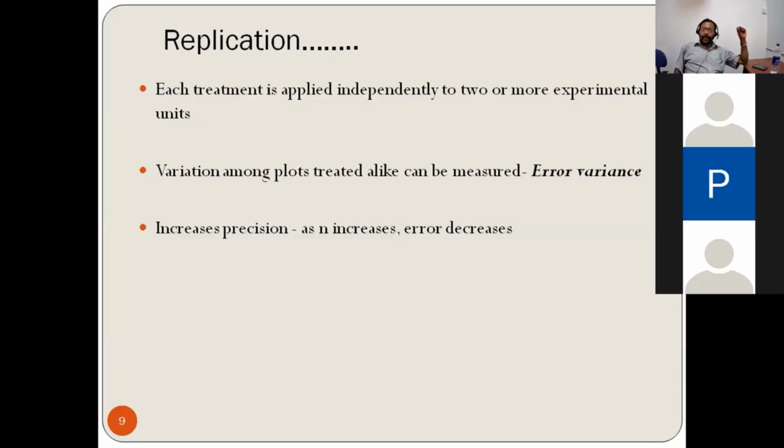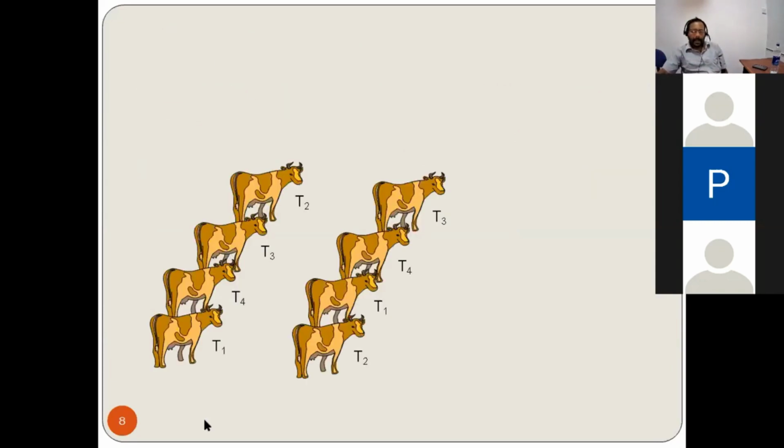My question here is, what do we measure between two replicates? I said there is one replicate, and there is another replicate which is treated alike. For example, in this case, I am going to measure the variance because this cow is treated with treatment 1, and this cow is treated with treatment 1.